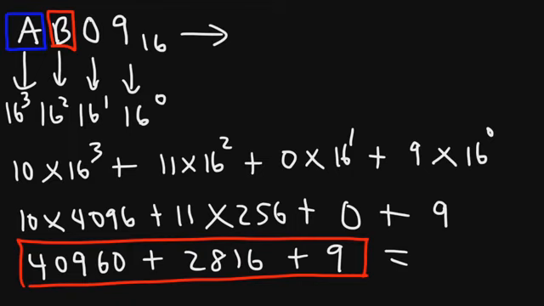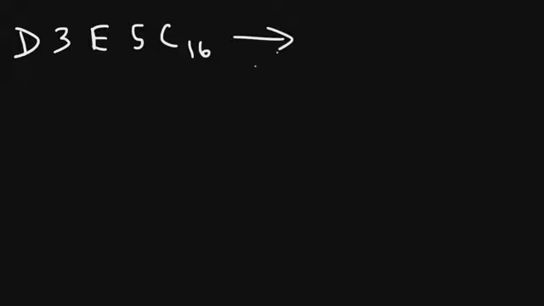So this will give you 43,785 as the final answer. Now let's try a 5-digit example. D3E5C base 16. Go ahead and work on that example.